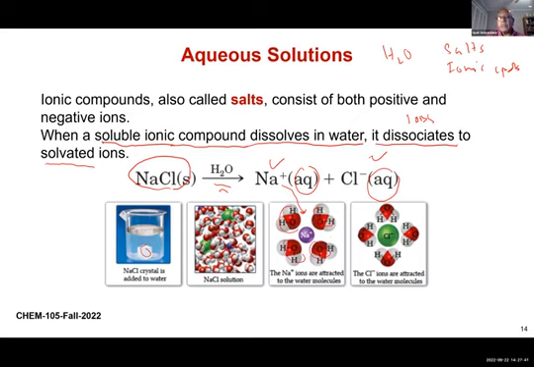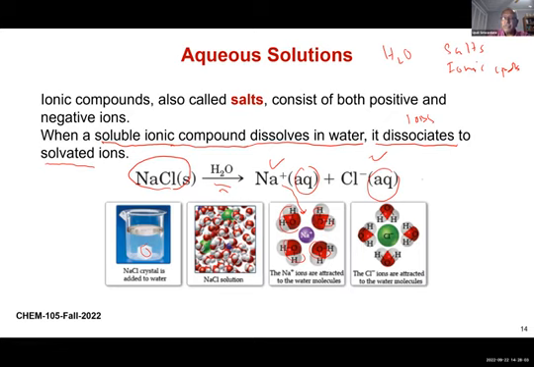Water has a dipole. We just talked about it. The negative end of the water molecule is pointed towards the positive ion. They're surrounded. That breaks up the sodium chloride lattice. So when something goes into solution, this takes place for all soluble compounds.